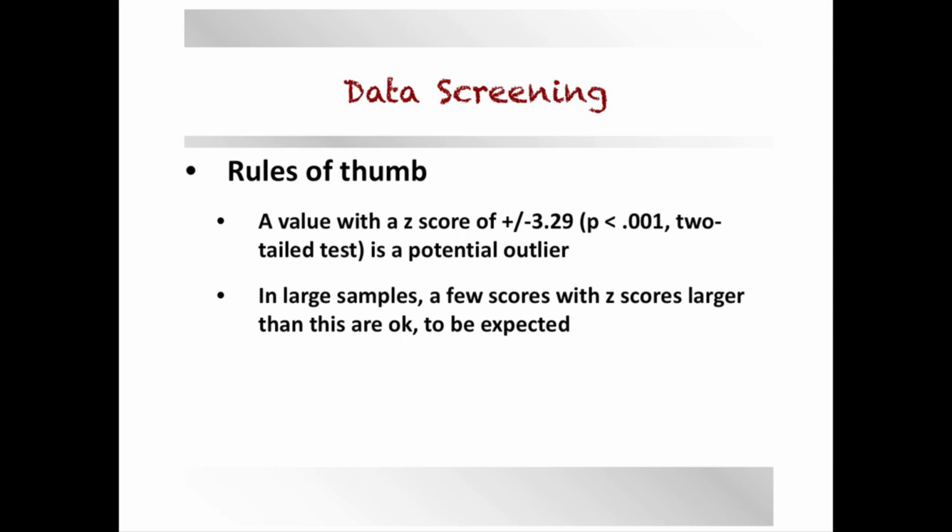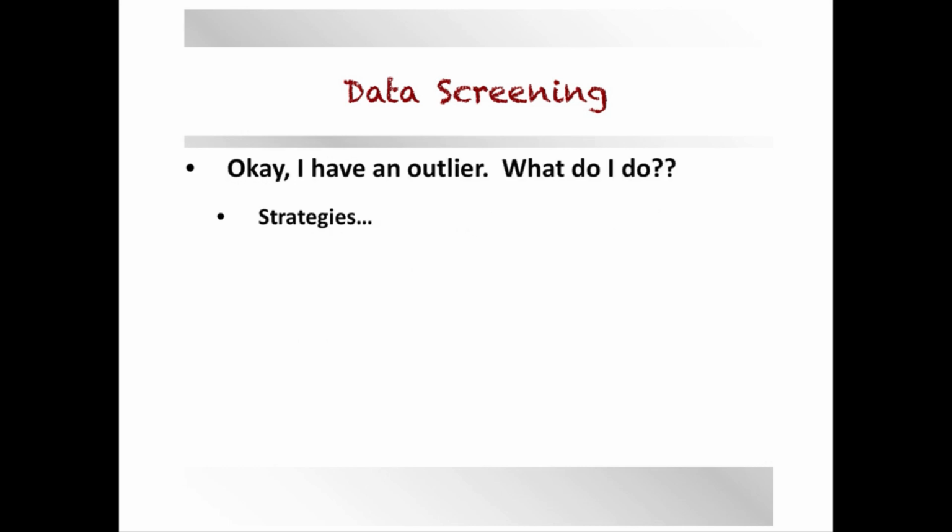And if that z-score is extreme, less than 0.001 on the normal curve, or less than 1,000th of the normal curve, or just more simply a z-score of positive 3.29 or less than negative 3.29, then that's a potential outlier, and we need to identify it as such and, again, make some decisions. So again, with large samples, these rules can be relaxed a bit.